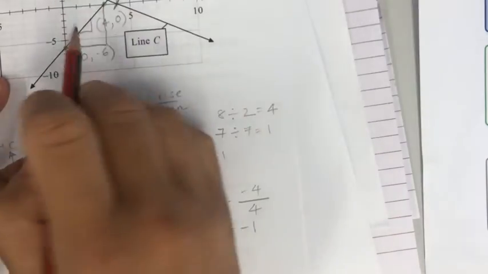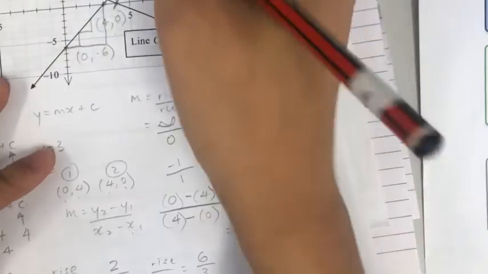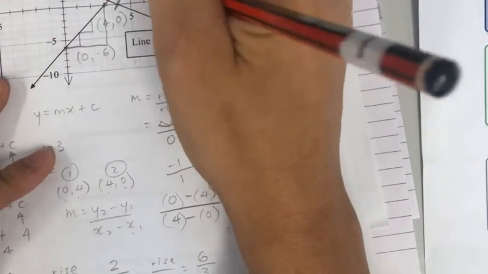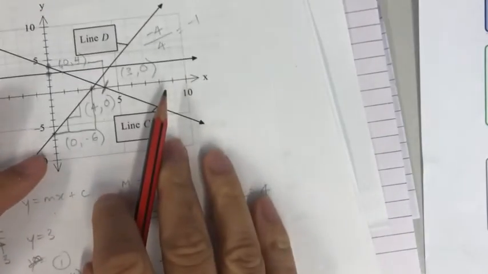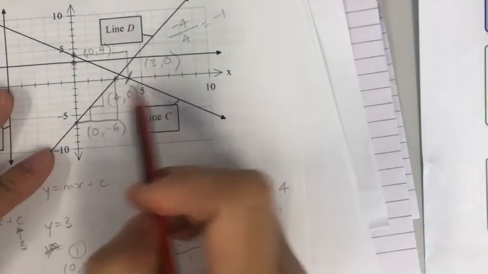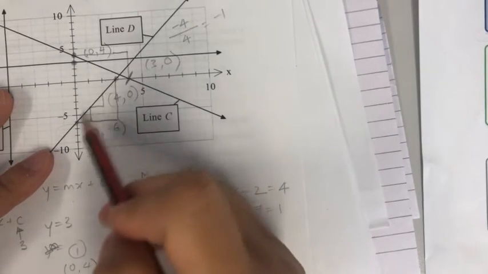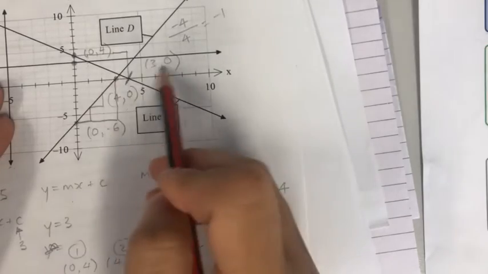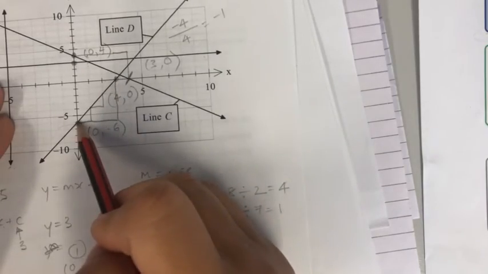So this here is 1, 2, 3. So the x is 3 and the y would be 0 because it's in line with the x-axis. So here are my 2 coordinates for the line D: 3, 0 and 0, minus 6.